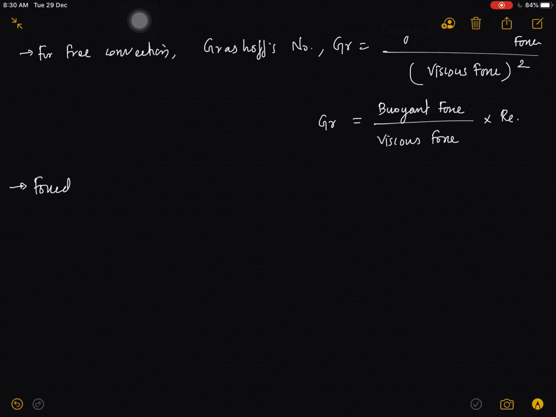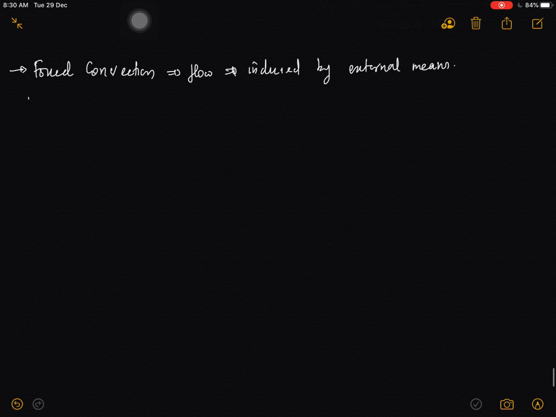And let's deal with forced convection. Forced convection is nothing but the flow induced by external means. Okay, so that's nothing but forced convection, and let's particularly deal with external forced convection.